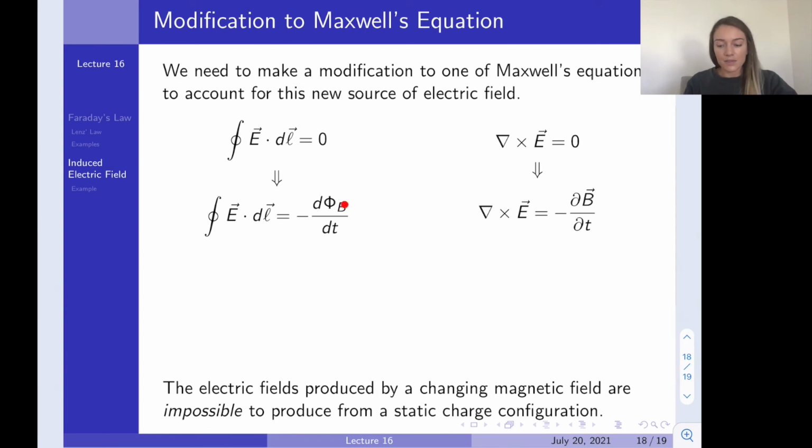In the case of the integral form, as we just saw, it is written as the line integral of the electric field around some closed path is equal to the negative change in magnetic flux with respect to t. Then if I want to write it in the differential form, it's just the curl of the electric field is now equal to the negative partial time derivative of the magnetic field.